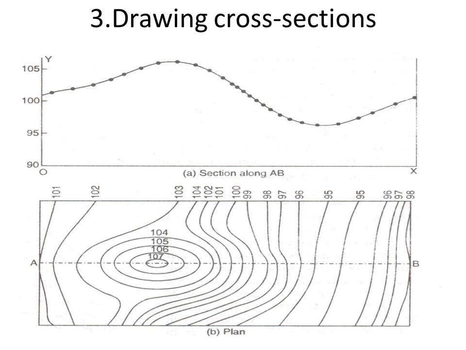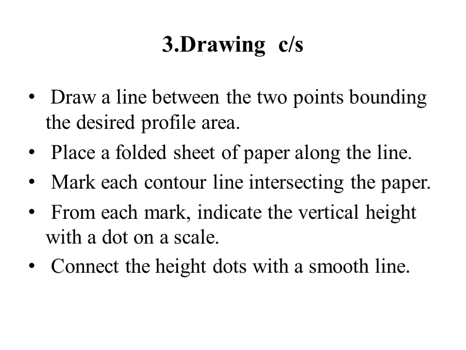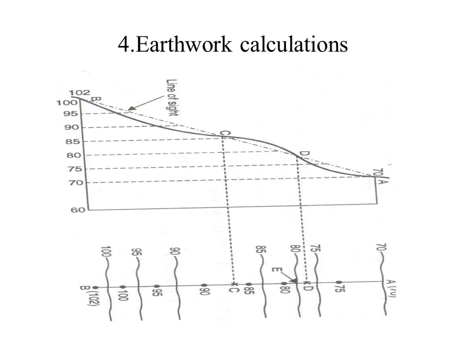When we join all the points, we draw a line between the 2 points bounding the desired profile area, place a folded sheet of paper along the line, and mark each contour line intersecting the paper. From each mark, indicate the vertical height with a dot on a scale, and connect the height dots with a smooth line.